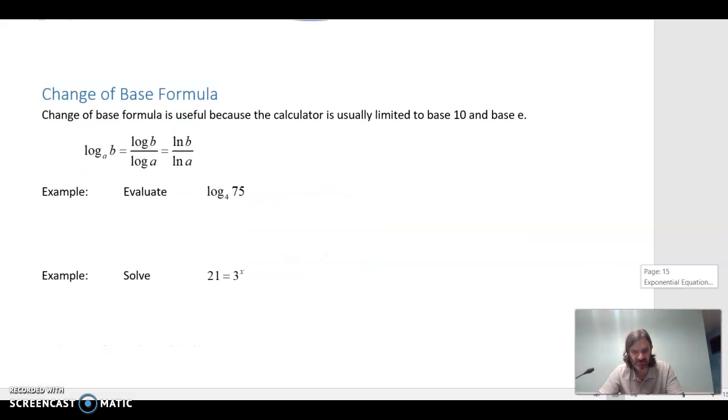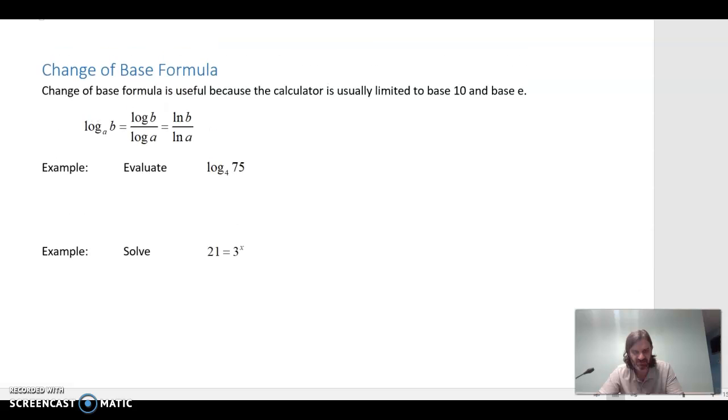Okay, so here we have the change of base formula, because our calculator is very good about being ready to do base 10 and base e, but it's not so good about other bases, just the limitations of the calculator. So we have some formulas here to help us out. A change of base formula lets us take any base and change it to base 10 or base e, or even a different base, but that's usually not very useful.